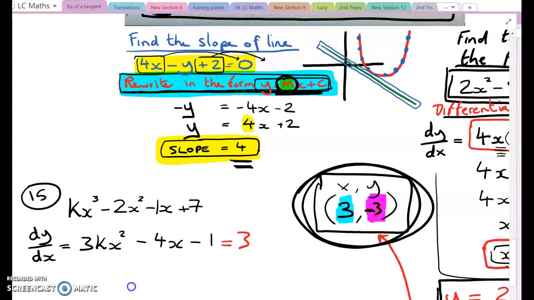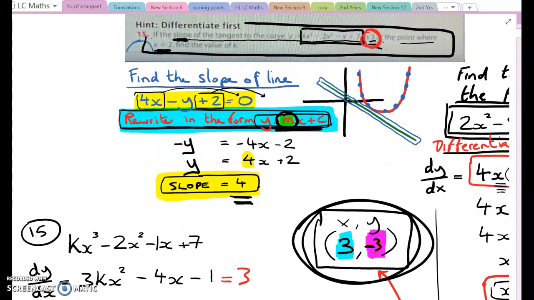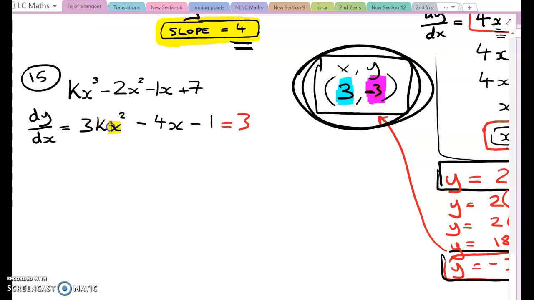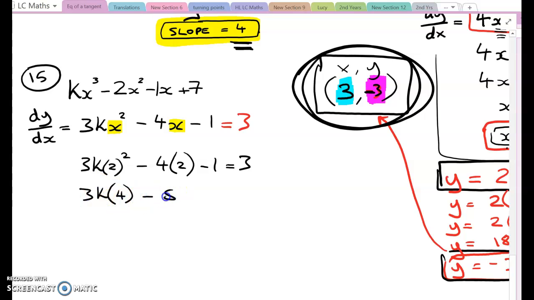And not only that, they're telling us what x should be. They're saying that x is 2. So we're going to sub in 2 in here for x as well. So we'll have 3k by 2 squared minus 4 by 2 minus 1 equals 3. So that means 3k by 4 minus 8 minus 1 equals 3.